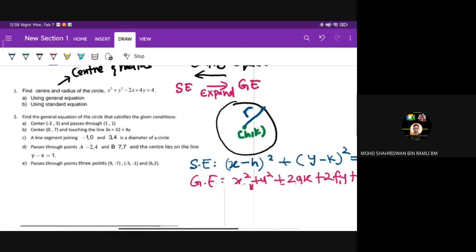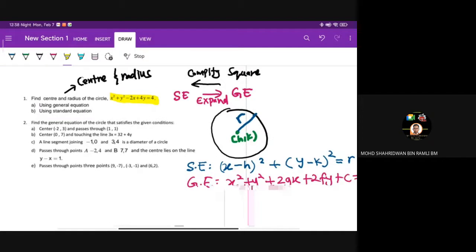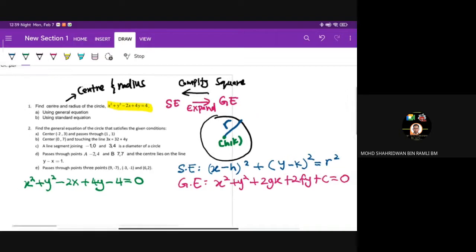Since it gives you x squared plus y squared minus 2x plus 4y is equal to 4, this one is neither standard equation nor general equation. But as you can see, it looks similar to the general equation. So we need to modify this equation to become x squared plus y squared minus 2x plus 4y minus 4 equal to 0.